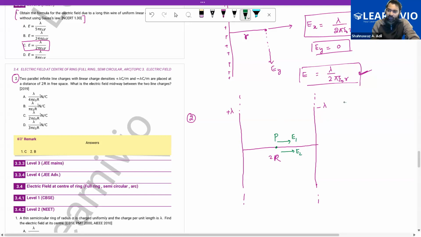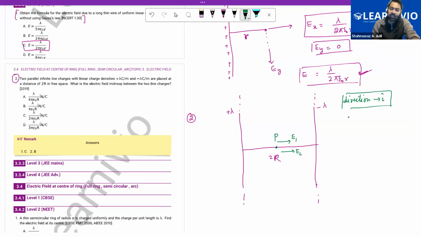Can you tell me what is the direction? Towards negative lambda, i hat. Yes, because you see the options, all the options are i. So we have to write i.